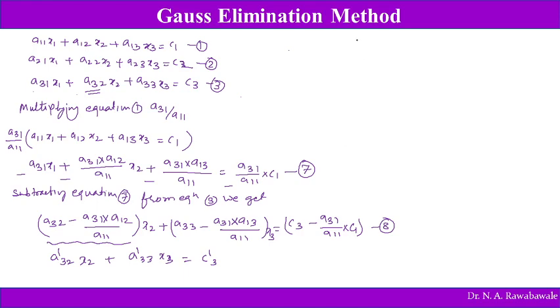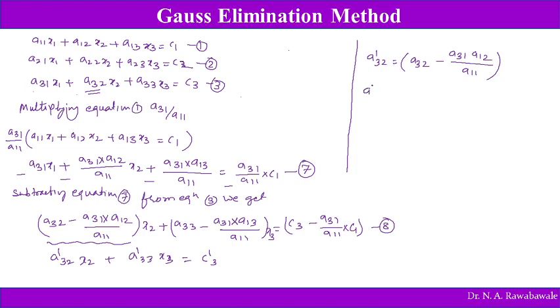That is nothing but here we can say a dash 32 is equal to a32 minus of a31 a12 divided by a11.